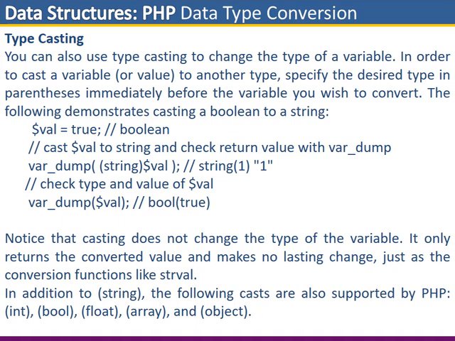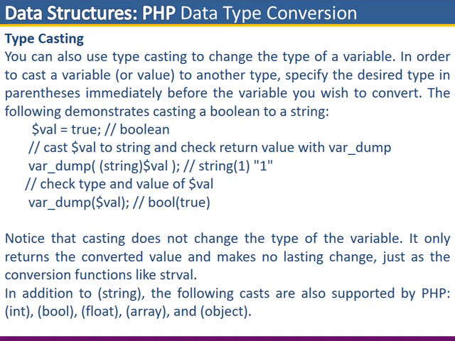To check, we have the var_dump function with $val inside the brackets. We have the boolean to check the type, boolean true. So the type of the variable that we have converted is boolean, with $val being true.